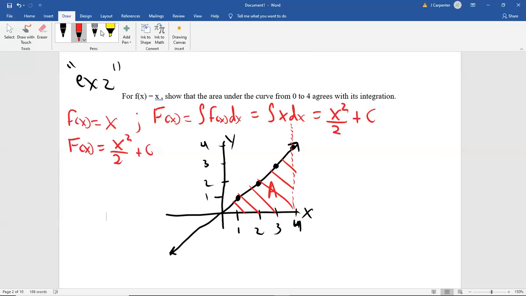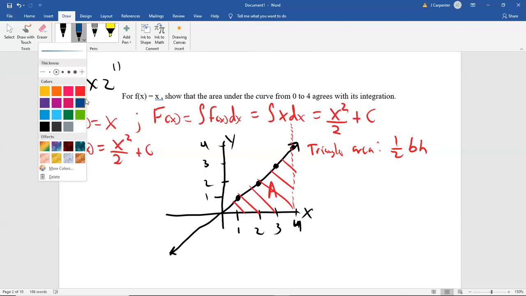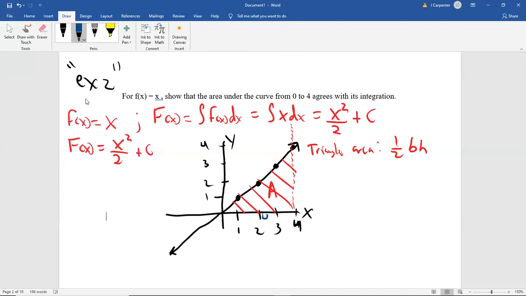What does that shape look like? I just spoiled it, didn't I? This sloped side along with this vertical and horizontal side, that looks like a triangle. Triangle areas are predictable. It's 1/2 the base times the height. Well, this triangle has a base of 4 from here to here, and it has a height of, well, coincidentally, 4 as well. They don't have to match.